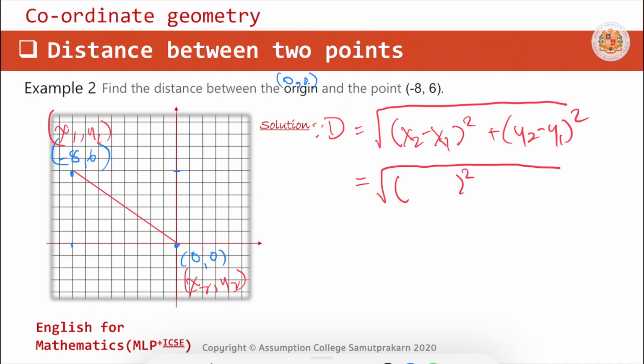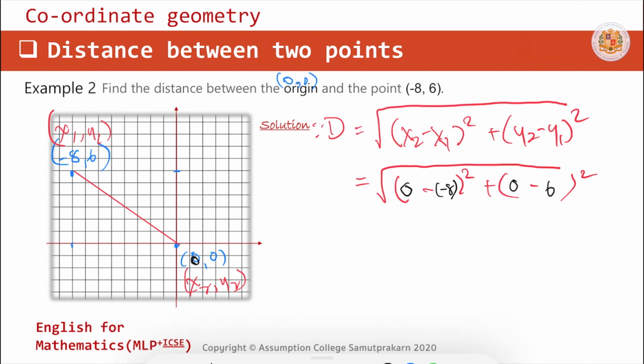So d is equal to the square root of something minus something squared plus the difference of y values squared. Okay, x2 minus x1 would be 0 minus x1, which is minus 8, plus y2 minus y1, which is 0 minus 6.